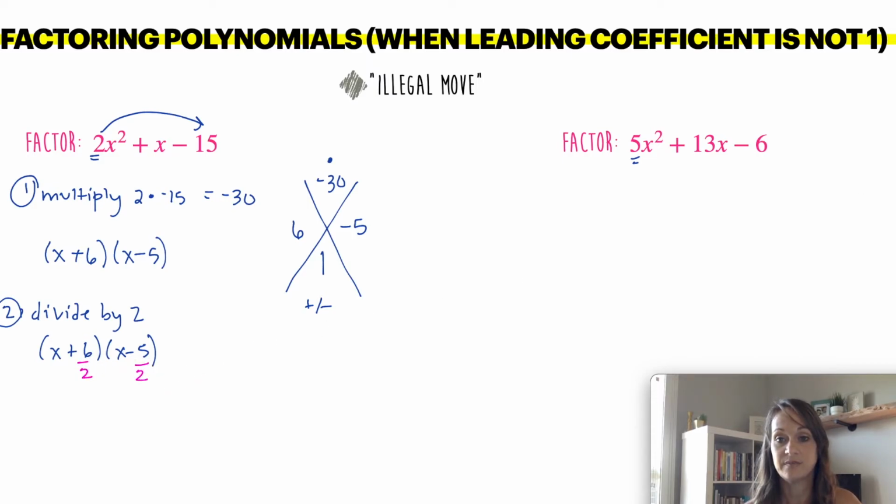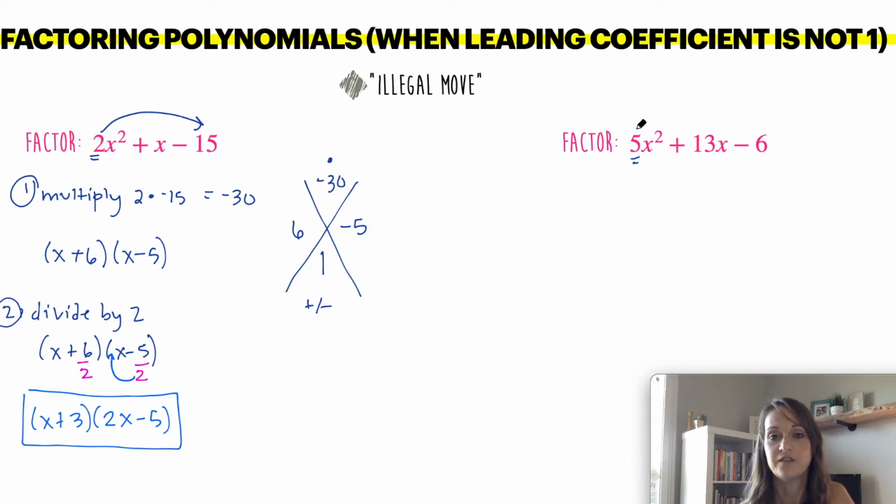Now we're going to simplify. If we simplified this, this would give me x plus 3. This does not simplify. 5 divided by 2 does not simplify, so we actually put the 2 in front of the x, and that is our factors, x plus 3 and 2x minus 5.